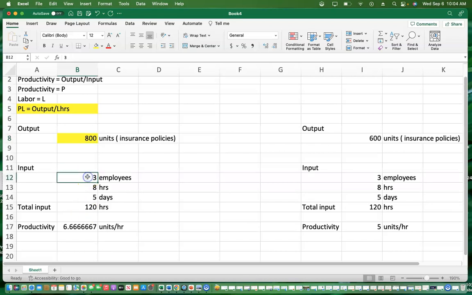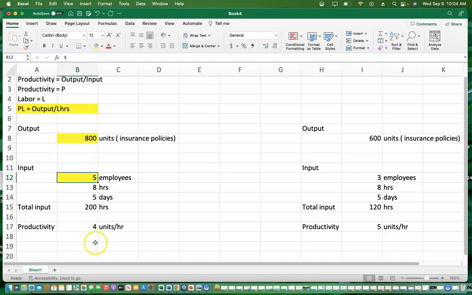Let's say, for instance, we want to change the number of employees to 5. Let me highlight this 5 to show that we're using another set of employees, not 3. If we want to produce 800 units of insurance policies using 5 employees, then productivity of labor will be 4 units per hour.